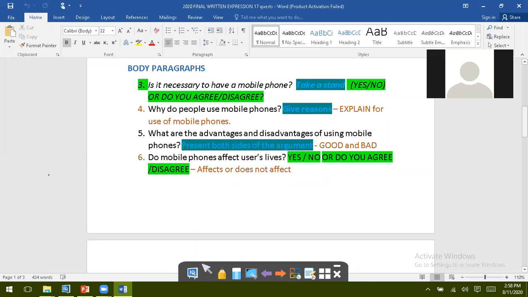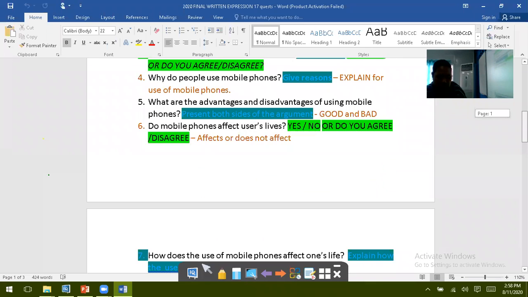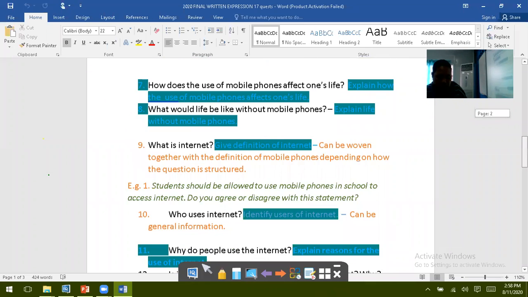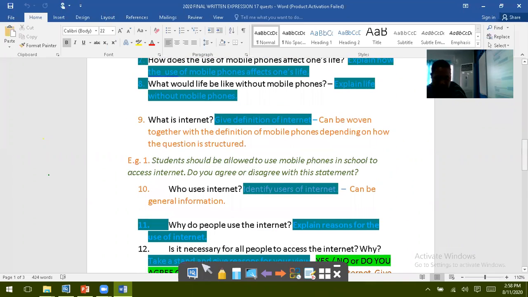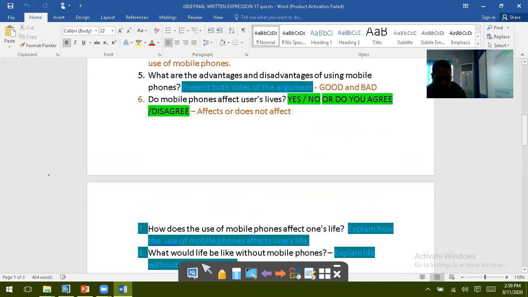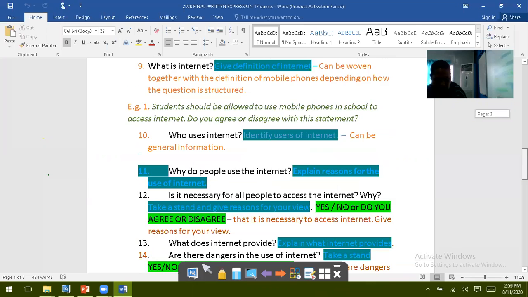The grade 10s written expression, didn't they get something similar to ours? Yeah, to create something challenging, they just brought this. It's a very simple question. All right. So their question was to do with mobile phones. I do not know what exactly the question is. I didn't really see what the question is, but the subject was mobile phones.